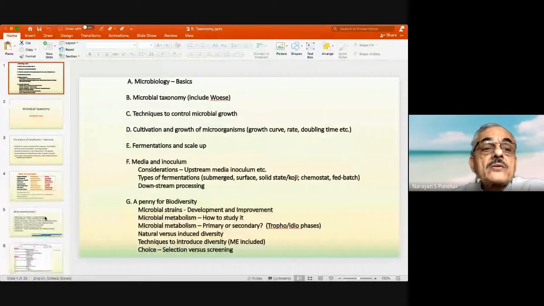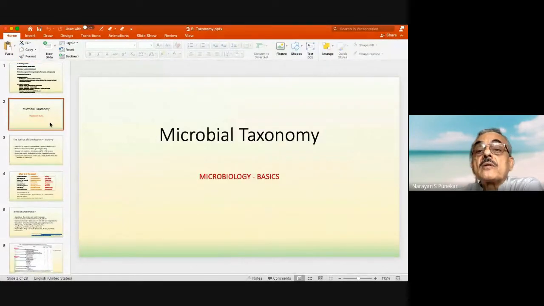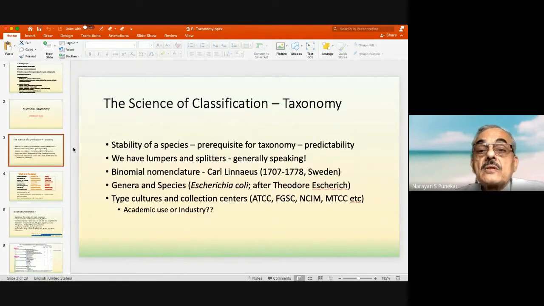Now, I thought I'll start with microbial taxonomy today. What is taxonomy in the first place? You have a variety of organisms. One way of trying to make it rational to understand is to group the like kind of organisms into one group versus the more removed organisms which are not similar to each other into another group.